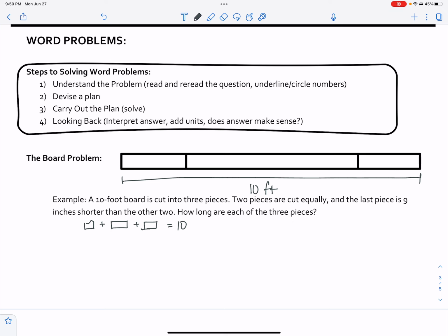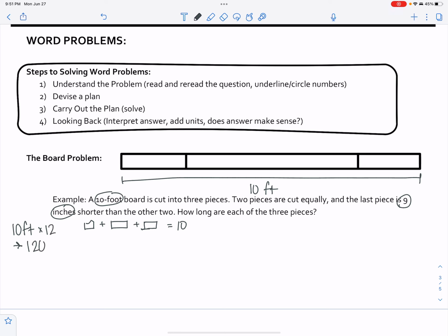And then there's a catch in this problem. It says there is a 10-foot board. The last piece is 9 inches. And so be very careful with your units. Those units do have to match. And so the first thing I'm going to do is convert 10 feet into inches. To convert feet to inches, I'm going to multiply by 12.